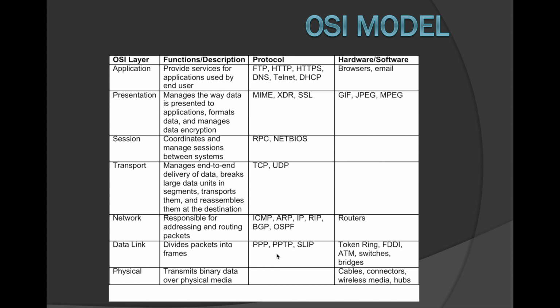At the data link layer, the most important protocol is Ethernet. Ethernet is a data link layer protocol that's by far the most common in any of the networks you're ever likely to work with. At the network layer, you've got IP, which is the fundamental protocol at that layer, and it's the layer at which traffic is routed from one network to another.